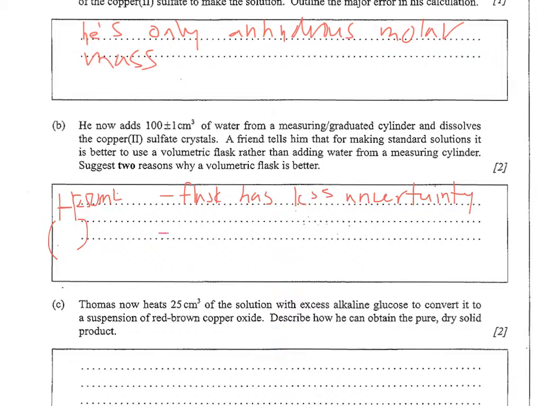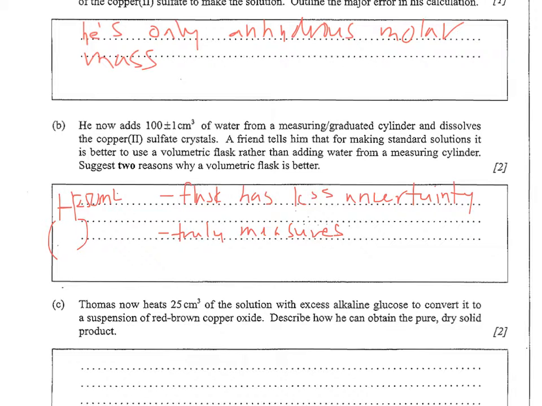And the other thing is you'd have your crystals and you would add the water to it till you're up to the 250 mark instead of putting the crystals into the flask and then measuring the 100 centimeters cubed separately and adding it to it. So it truly measures the total solution instead of just measuring the water added.